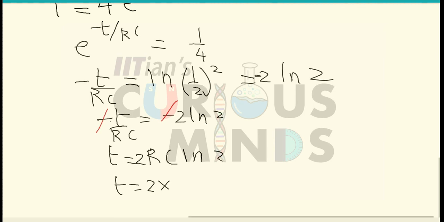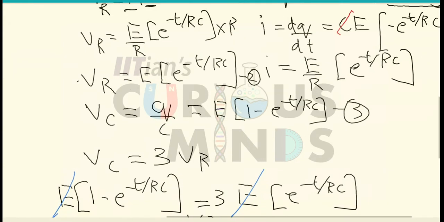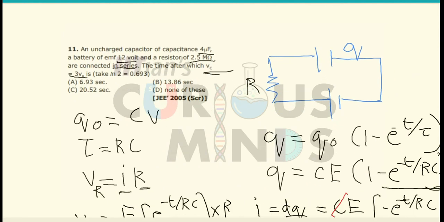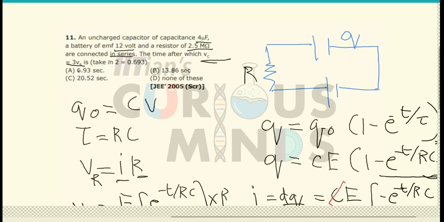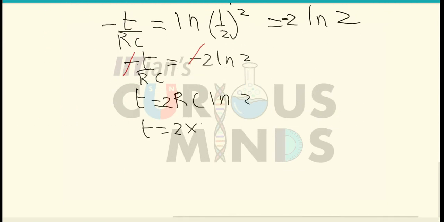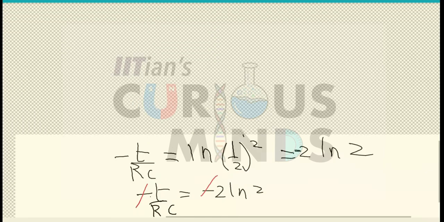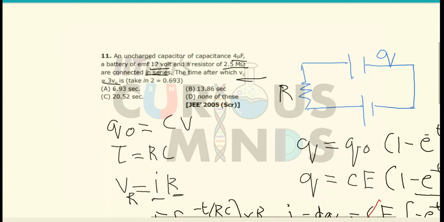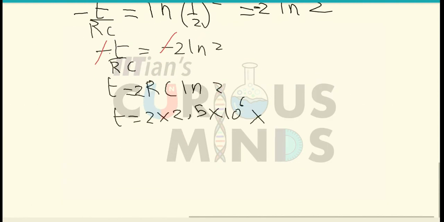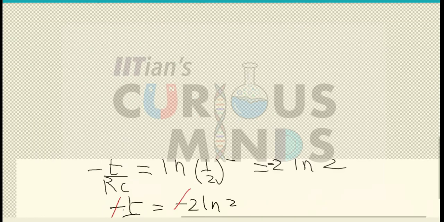2 into R. The resistance is given as 2.5 mega ohms, and the capacitance is given as 4 microfarad. So 2.5 into 10 to the power 6, and 4 microfarad, which is 4 into 10 to the power minus 6, into log 2. Now what is the value of log 2?